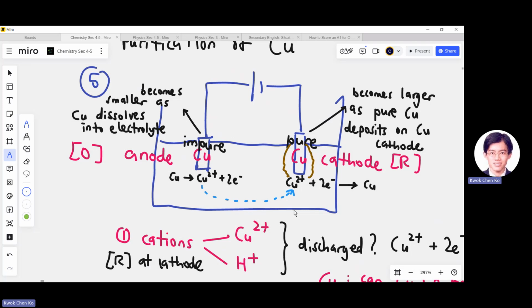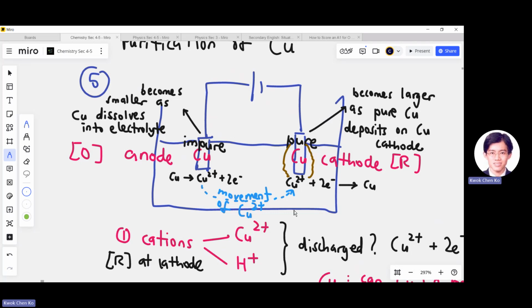There is actually a movement. So from the anode, the impure copper is extracted for the pure copper, which migrates to the cathode.